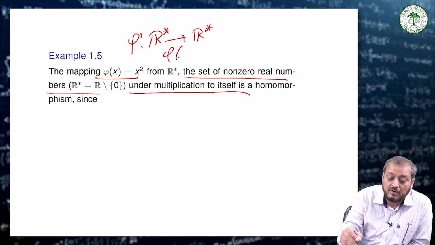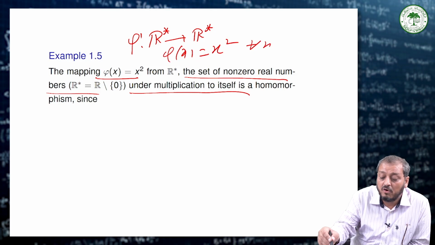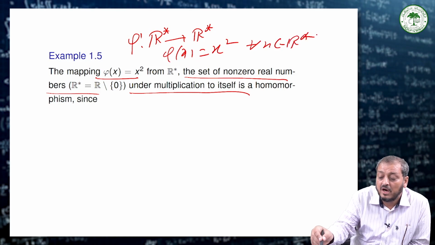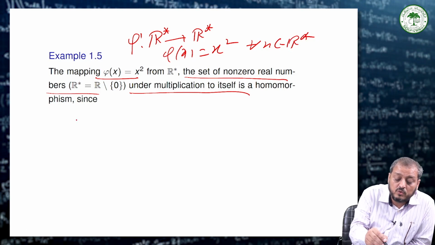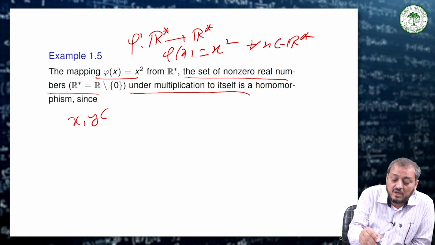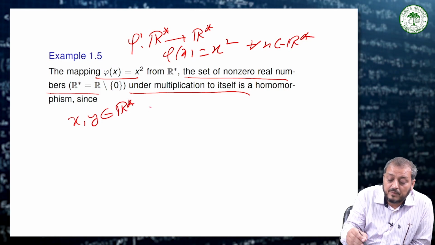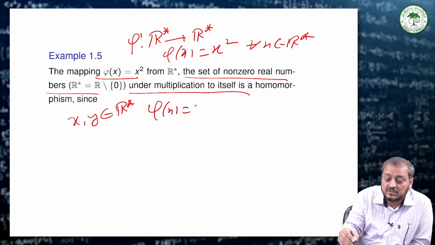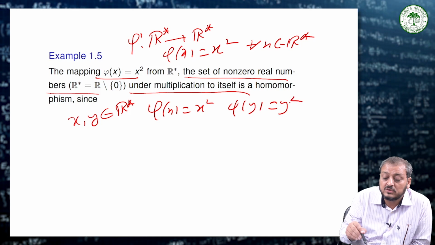The map is defined in the form phi of x equal to x square for all x in R star. Now this is a group under multiplication, so we take any two elements, for example x and y in R star, and by the property we can say that f of x is equal to x square, and f of y is equal to y square.